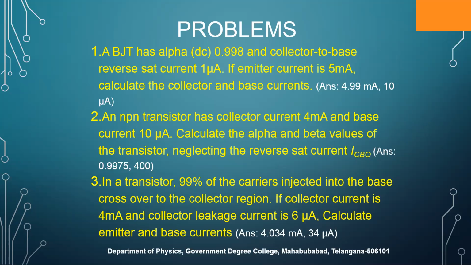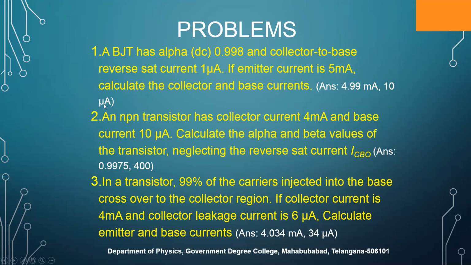And the third one: in a transistor, 99% of the carriers injected into the base cross over to the collector region. If the collector current is 4 milliamps and collector leakage current is 6 microamps, calculate the emitter and base currents. The main formulas we have to use here are, first, as we have discussed, IE is equal to IB plus IC.